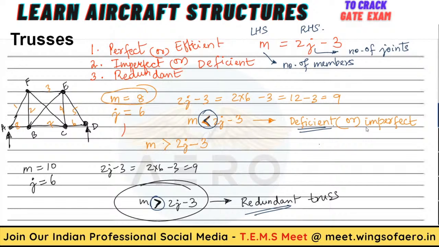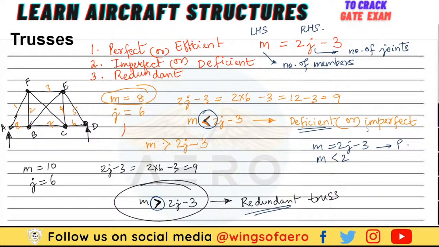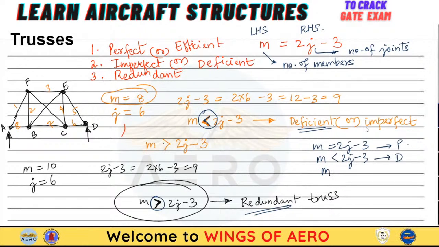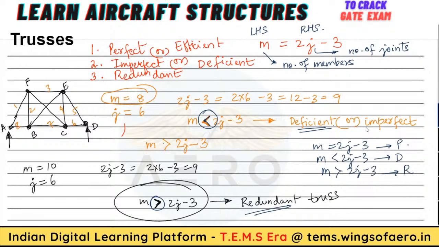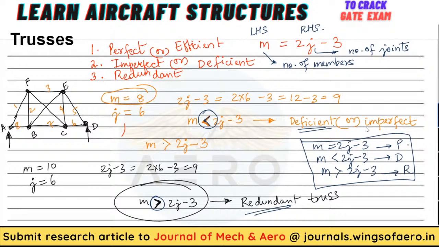So overall, when m equals 2j minus 3, we call it perfect. When m is less than 2j minus 3, we call it deficient. And when m is greater than 2j minus 3, we call it redundant or excess. Right? You should remember this formula also.